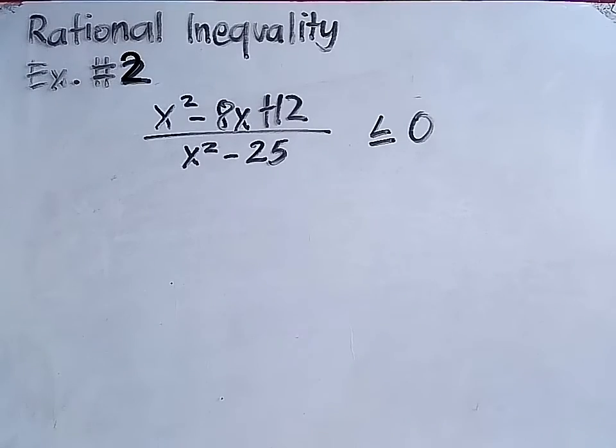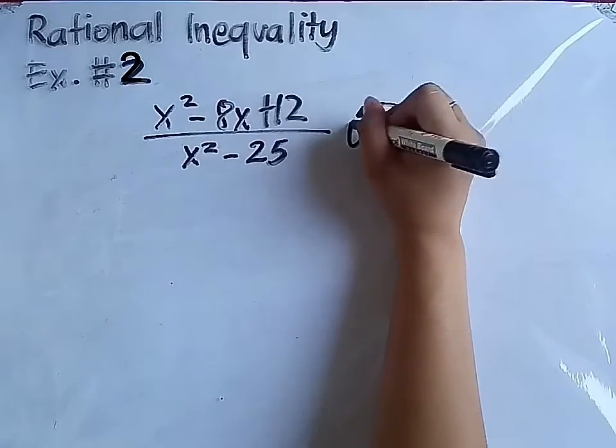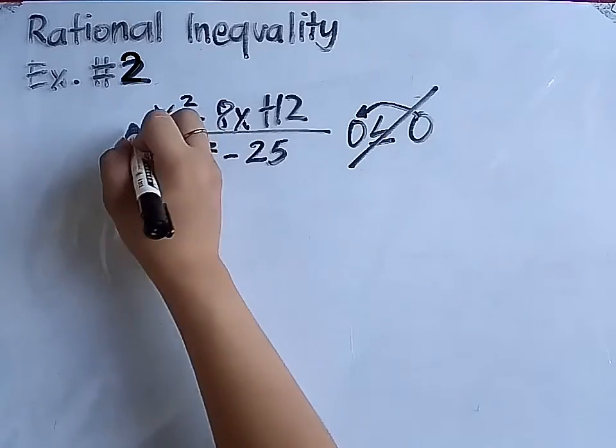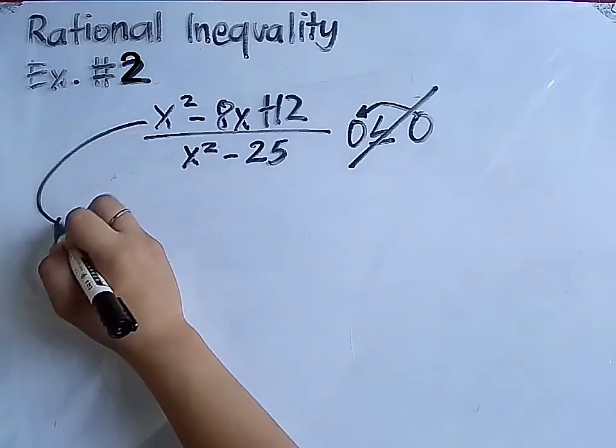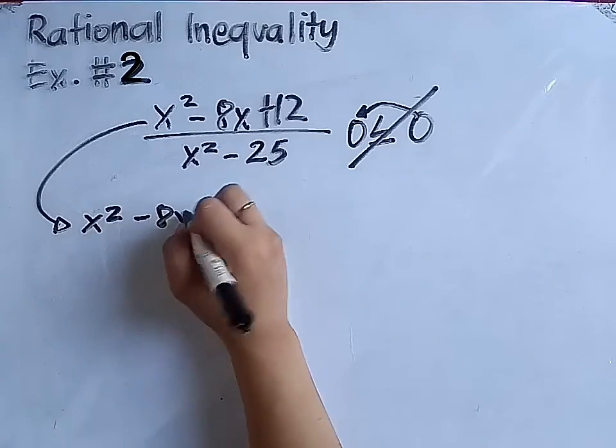Here is rational inequality example number 2. The given is x squared minus 8x plus 12 over x squared minus 25 less than or equal to 0. First, we need to transpose the 0 to the other side. It's both 0, so cancel it because it has no value. And then we need to find the factors of our numerator, x squared minus 8x plus 12.